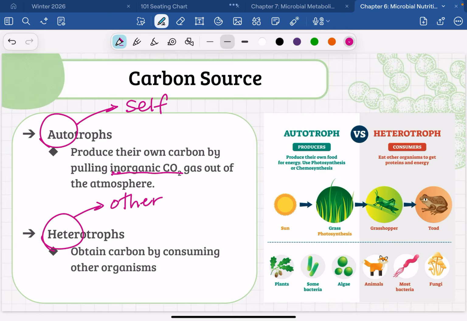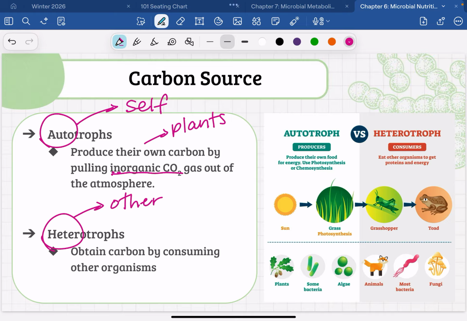Okay, this is also what plants do, right? Plants get their carbon by taking carbon dioxide out of the atmosphere, pulling the carbon out and using it to make their own macromolecules, and then expelling the oxygen back out into the atmosphere, because that's what's left, right?